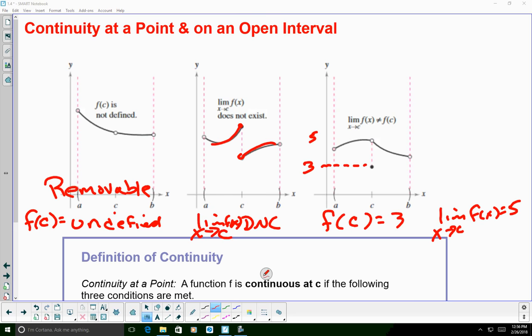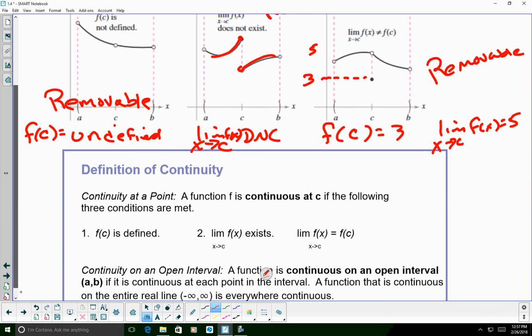So since the limit and f of C don't equal each other, then it is discontinuous, and that is also a removable discontinuity. And anything that looks like the previous one, where you have a jump or an asymptote, is a non-removable discontinuity.